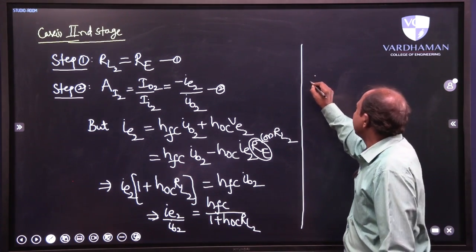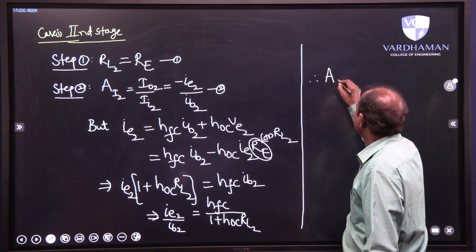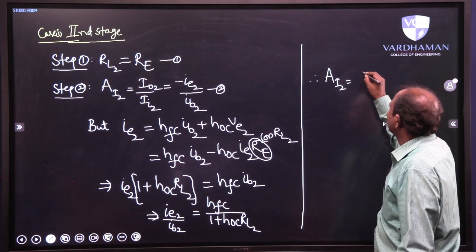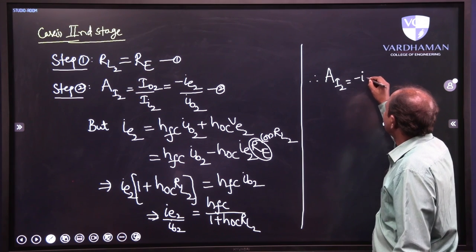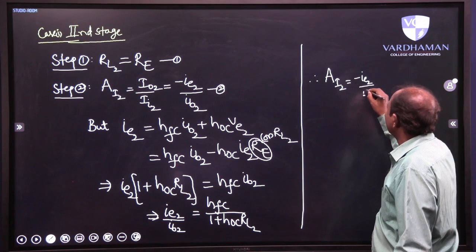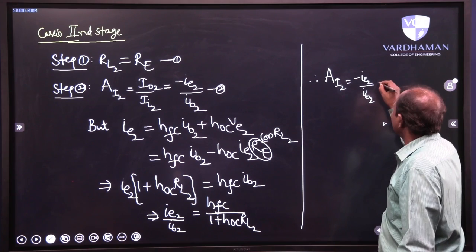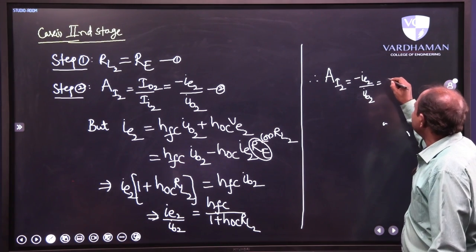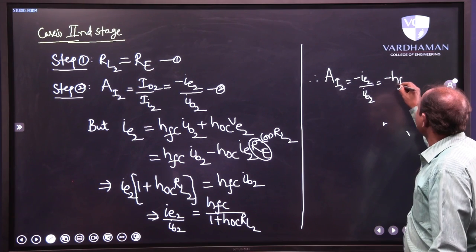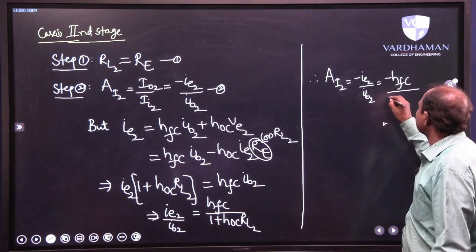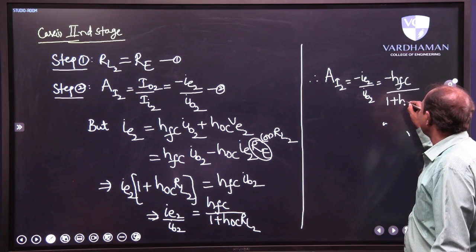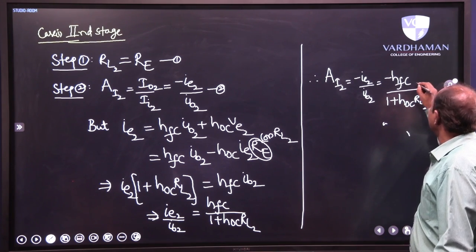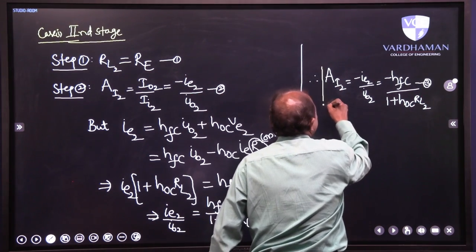Therefore, let's write an equation for AI2: AI2 equals minus IE2 by IB2 equals minus HFC by 1 plus HOC RL2. This is the equation for current gain we got.